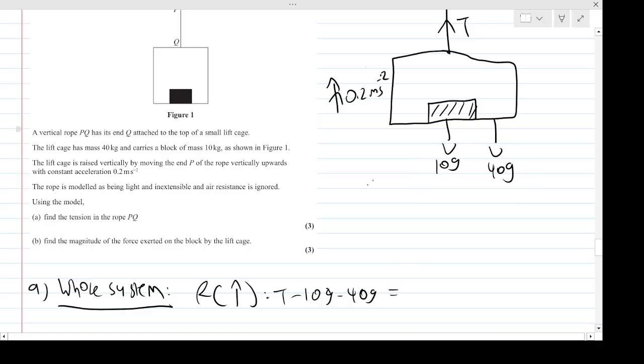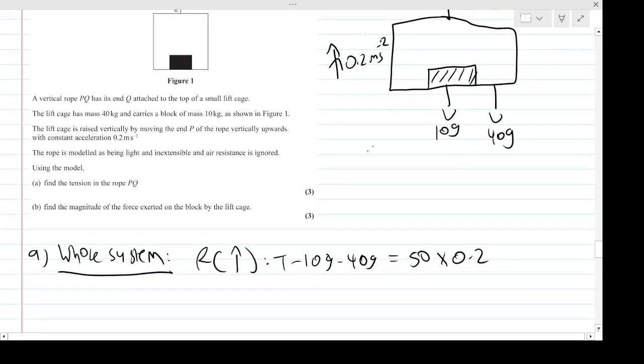By the total mass, if we're considering the whole thing combined, well, the lift is 40 kilograms. The block is 10 kilograms, so overall it's 50. The 50 for the mass times acceleration 0.2.